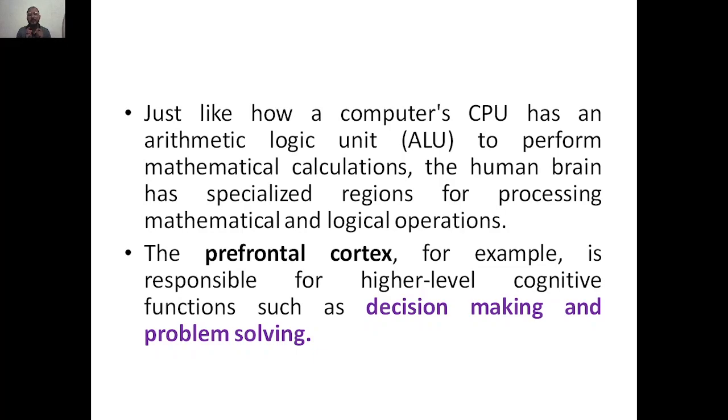Wherever you need high level cognitive functions, such as decision making and problem solving, the prefrontal cortex needs to work properly.